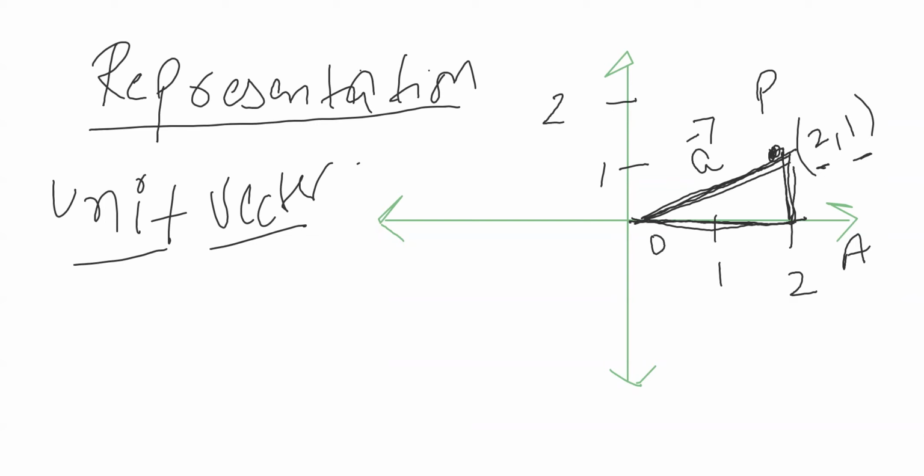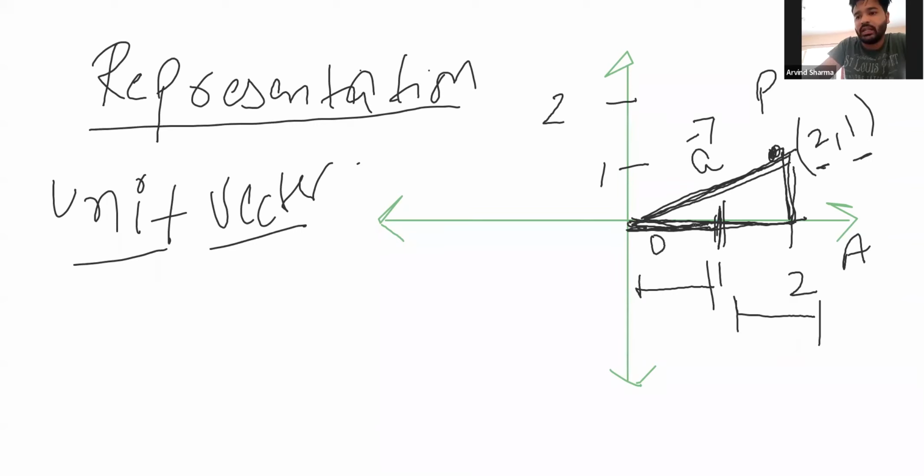If I'm traveling from 0 to 1, it represents a unit vector. Then from 1 to 2, it is again a unit vector.